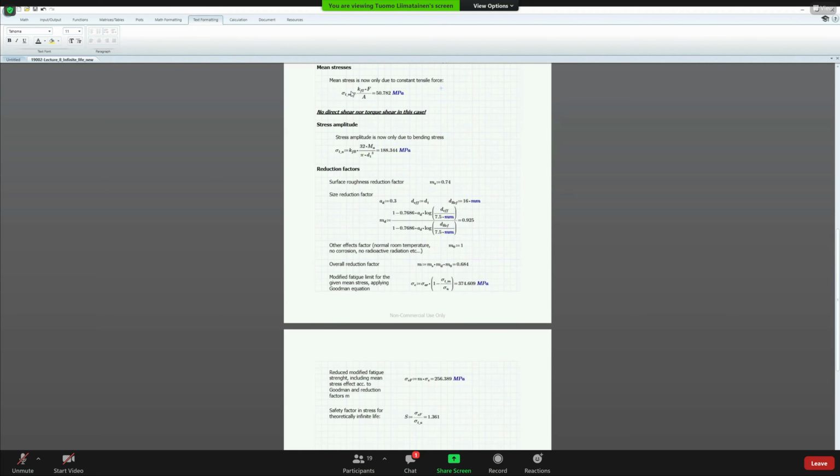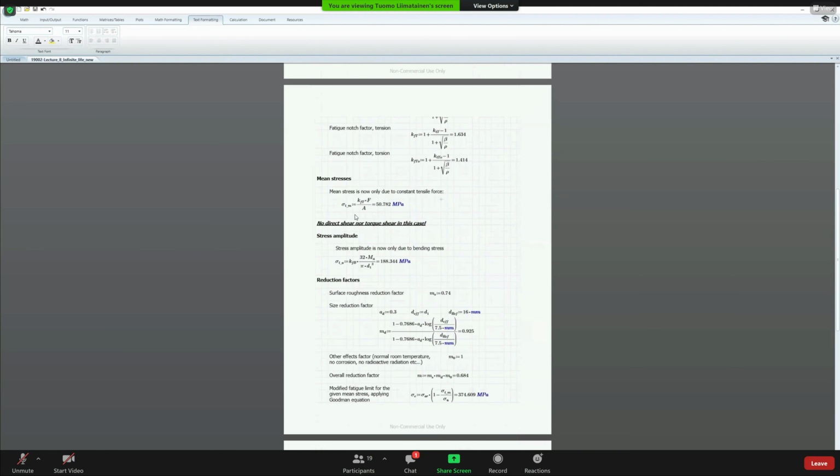Okay, so we first calculate von Mises and then we put them into the amplitude and the mean stress. Or no, you are calculating the vice versa. Vice versa. So you have to calculate the mean stress von Mises using the components that produce the mean, the stress components that are producing the mean. And then you calculate the von Mises stress amplitude using the stress components that are varying.